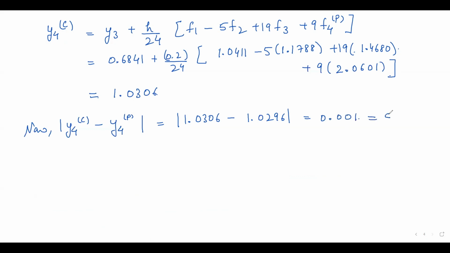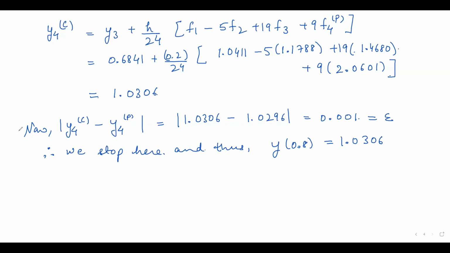That is equal to epsilon. So either it should be equal to or less than epsilon. So therefore, we stop here and thus y at 0.8 is coming out to be 1.0306. So this is my final answer.